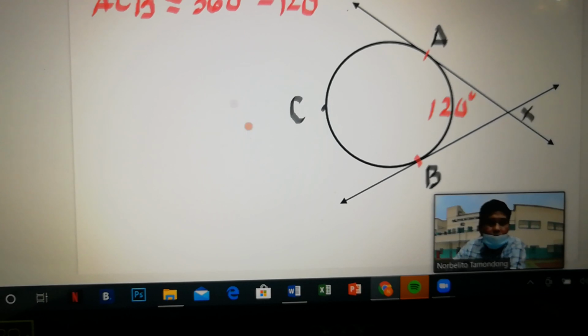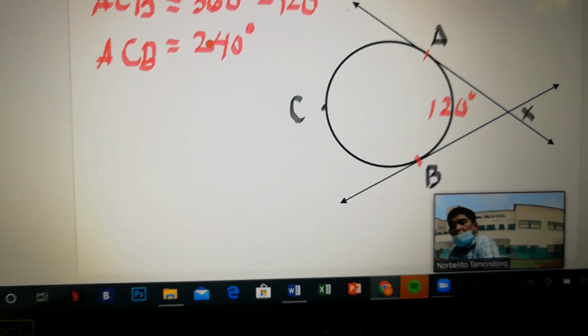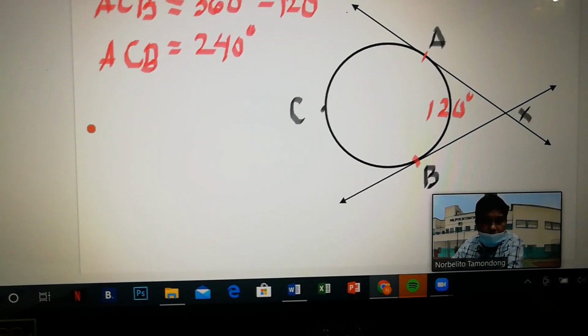So the corresponding major arc of 120 is equal to 240 degrees. So the measure of arc ECB is equal to 240 degrees.